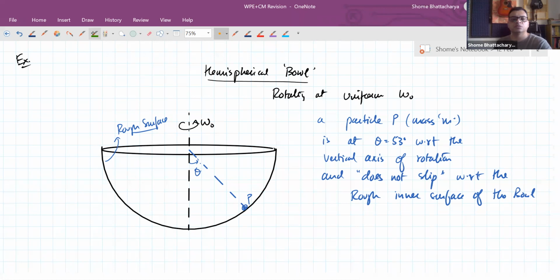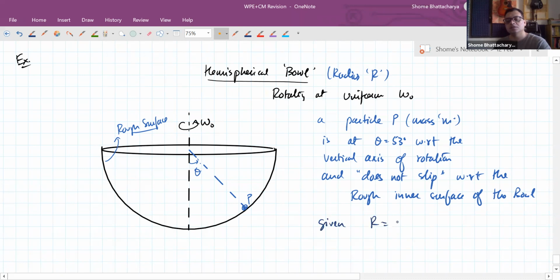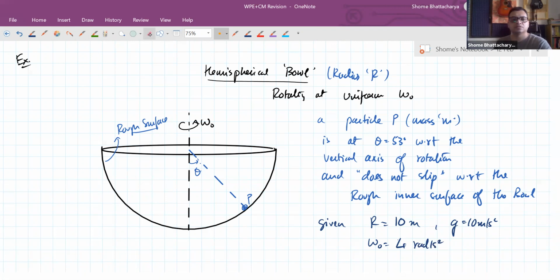So this hemispherical bowl itself is, let's say, of radius capital R. So suppose given that R is equal to 10 meters, g is equal to 10 meters per second square, and omega naught is equal to 4 radians per second. R is not that much, let's say R is 20 centimeters.